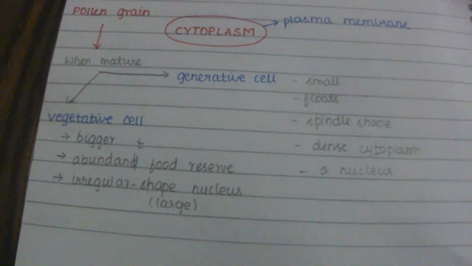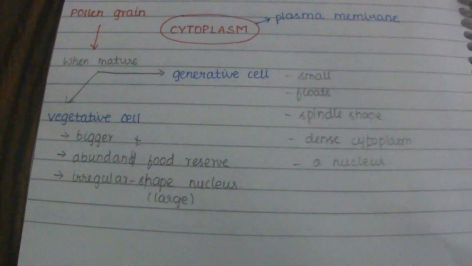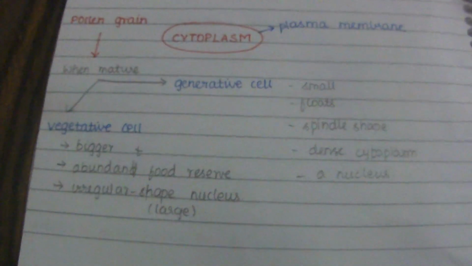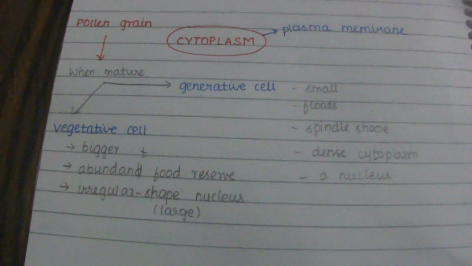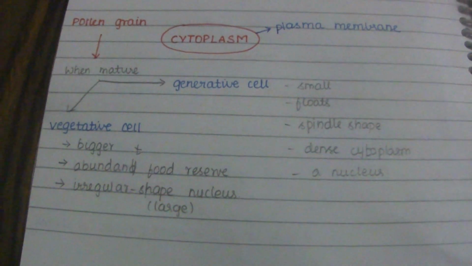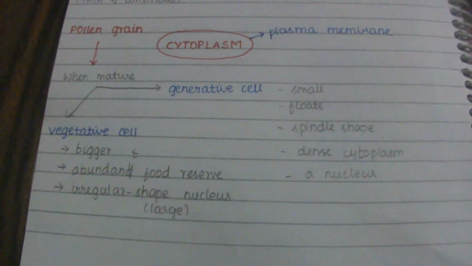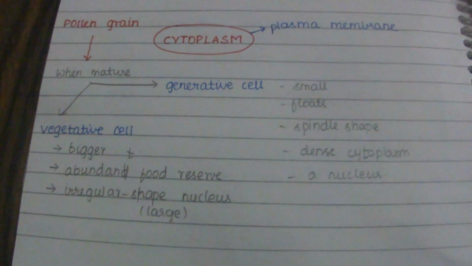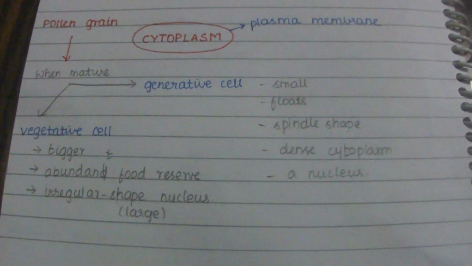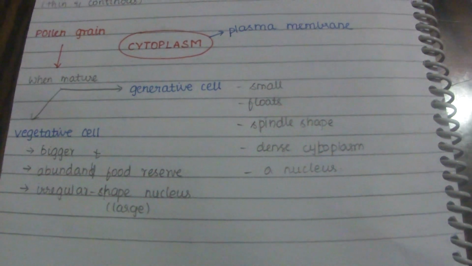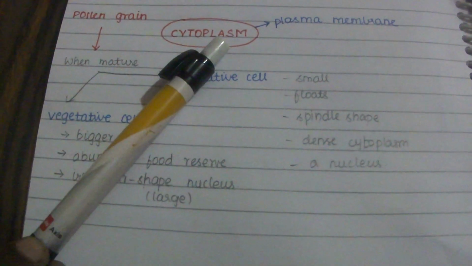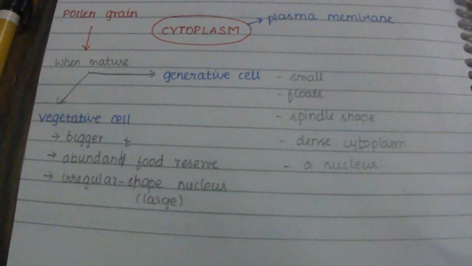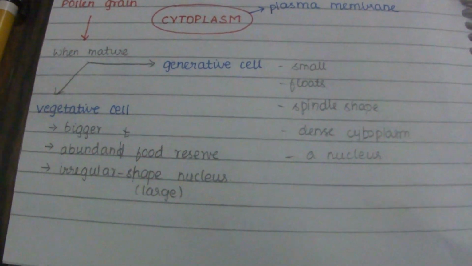In the remaining species, the generative cell divides mitotically to give rise to two male gametes before the pollen grain is shed, and it becomes the three-celled stage.